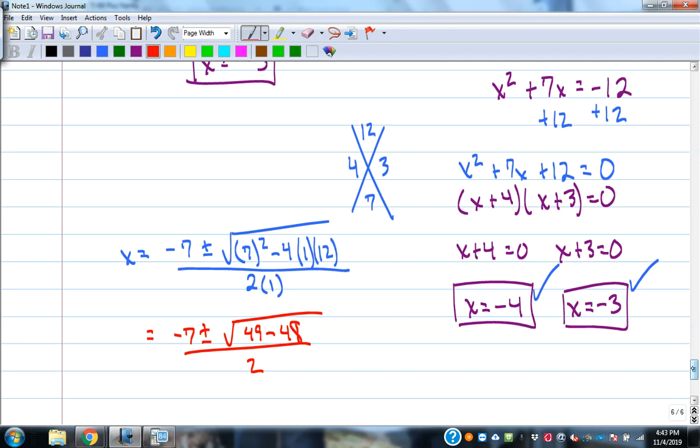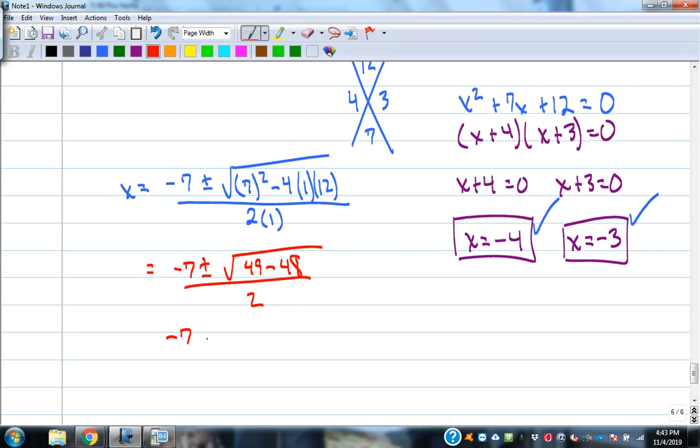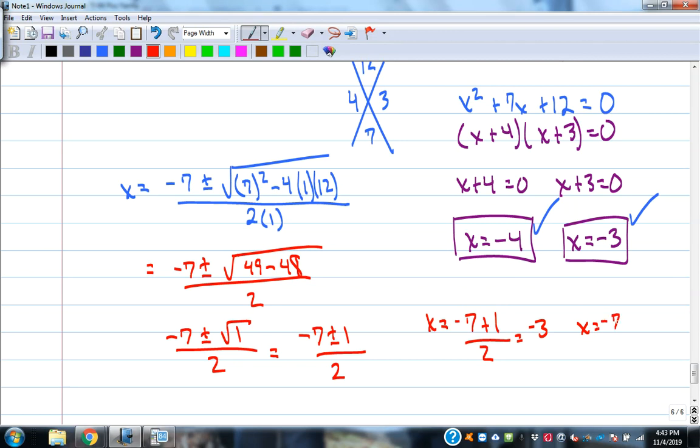So we'd have -7 plus or minus the square root of 1, over 2, and we know the square root of 1 is 1. So we'd split that up into -7 plus 1 over 2, which would be -3, and then -7 minus 1 over 2, which is -4. We still get the same answers.